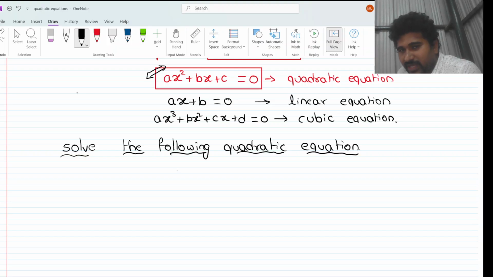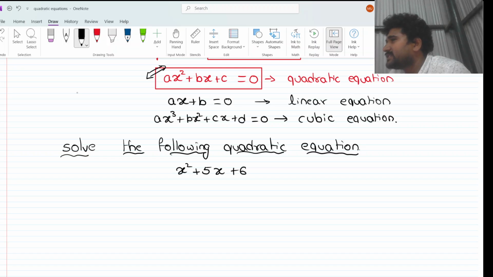Understand? For example, I gave x square plus 5x plus 6. If I leave it like this, what is this? Quadratic polynomial. If I write it equal to 0, what is this? Quadratic equation.